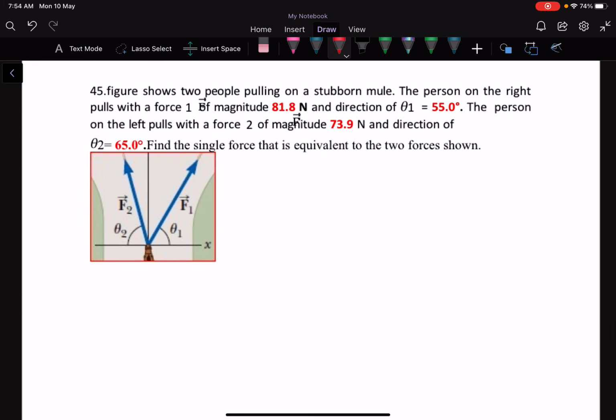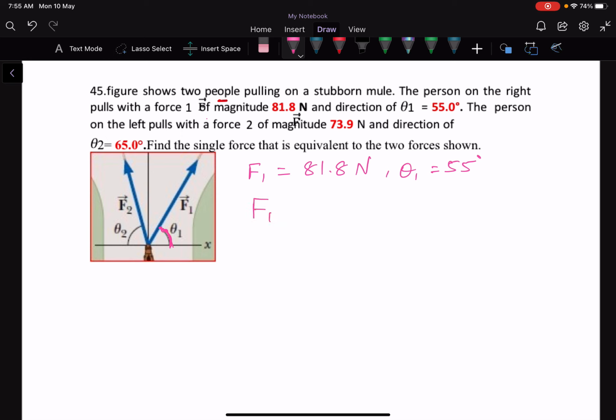Next. Question number 45. Here the figure shows two people pulling on a stubborn mule. The person on the right side pulls with a force F1 of magnitude 81.8 newtons directed at an angle theta 1 equal to 55 degrees from the positive x-axis.